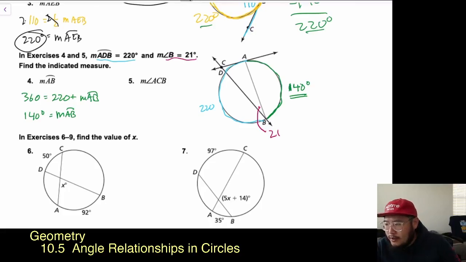And that 21 right here, or this angle, we've got ourselves this inscribed angle right there. And that inscribed angle will help us find our arc measurement right here, and I'm going to put it in purple. So I'm going to try to figure out what is the measure of arc AD.